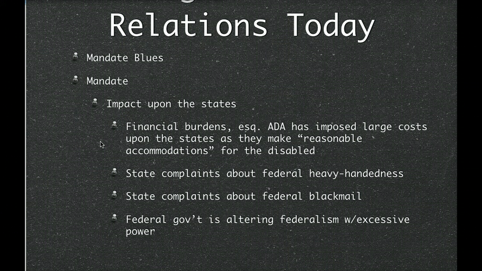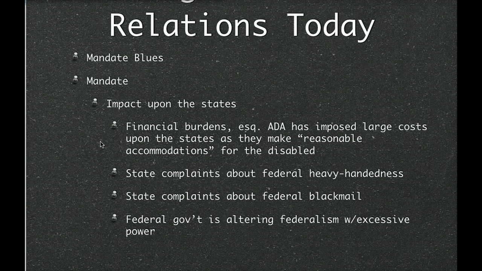There's also complaints from the states that the federal government is heavy-handed in this. They're imposing this, they're imposing that, and they're not willing to pay for it. The states complain about federal blackmail. So for instance, the federal government said that they would no longer provide money for highways unless the states uniformly moved their drinking age to 21.